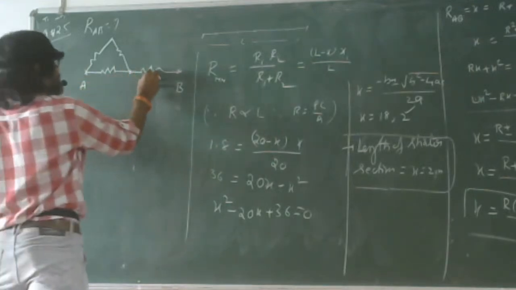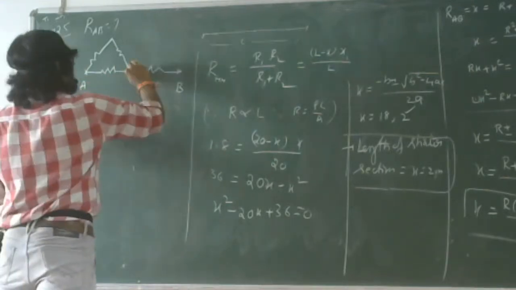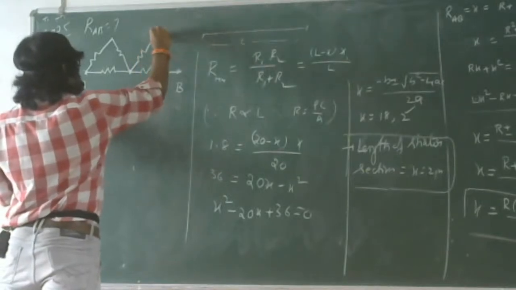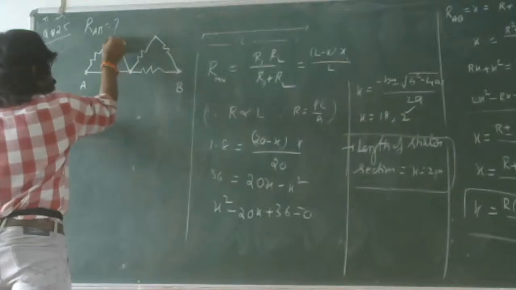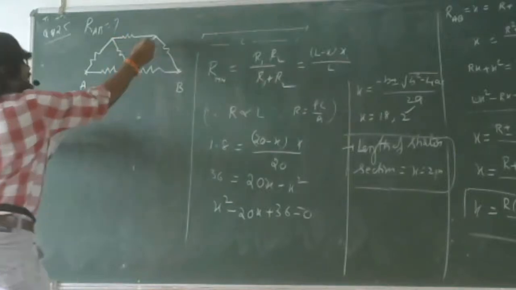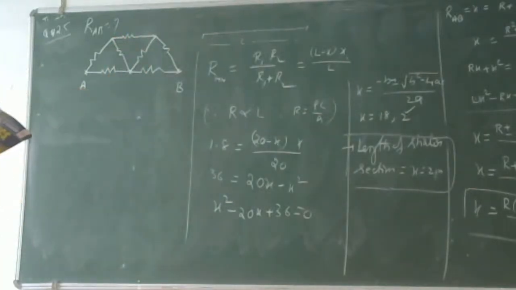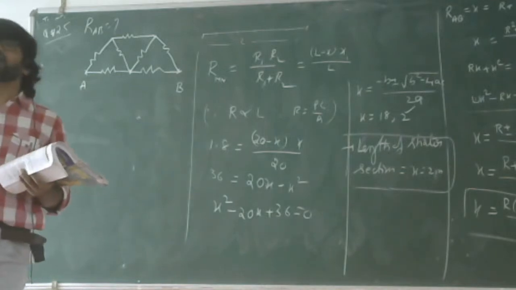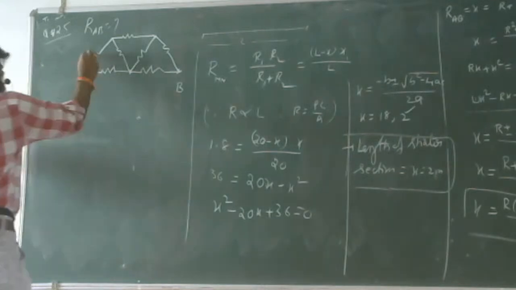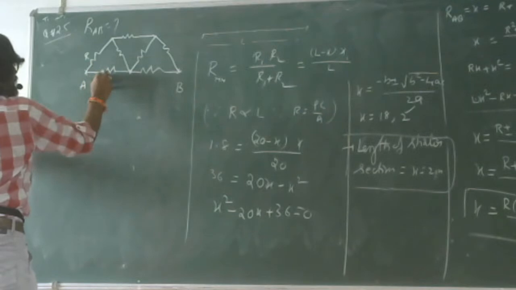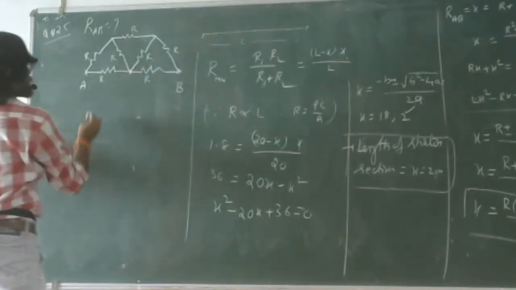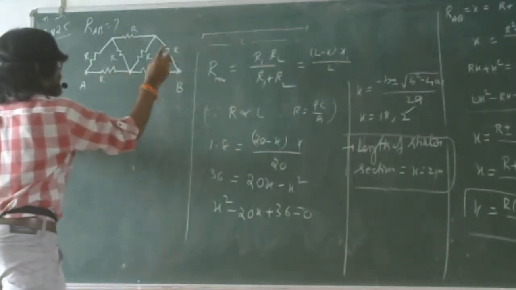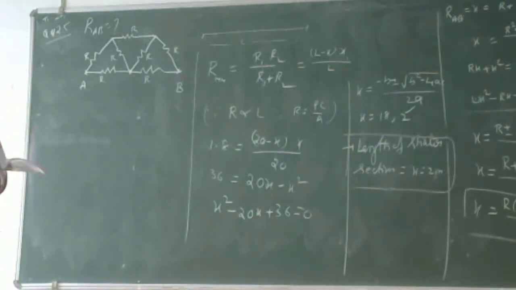If you form a triangular kind of shape, one more resistor here, one resistor here, and between these two vertices one more resistor is connected. It is given that all are identical resistors, R, R, R and R. So what is the resistance between A and B? We are asked to find.